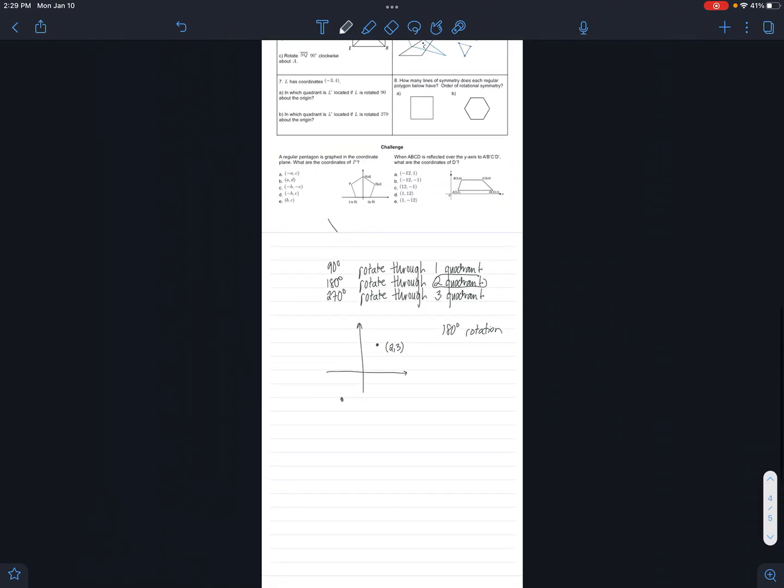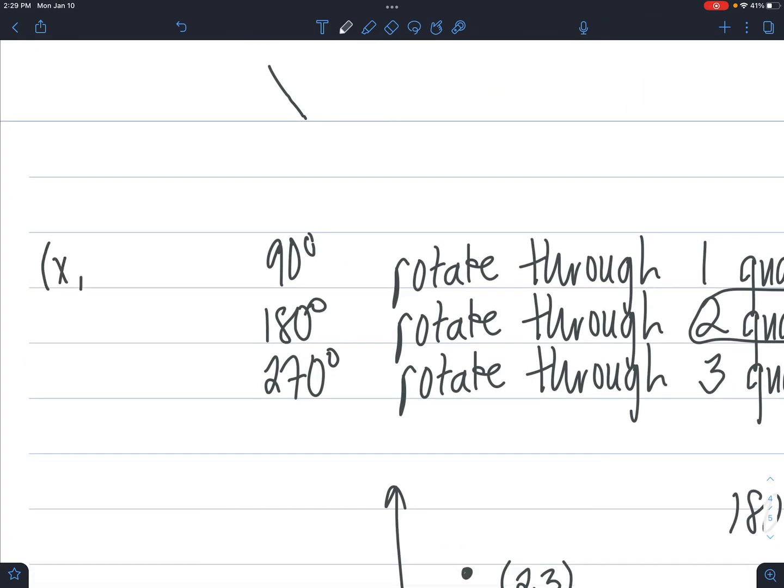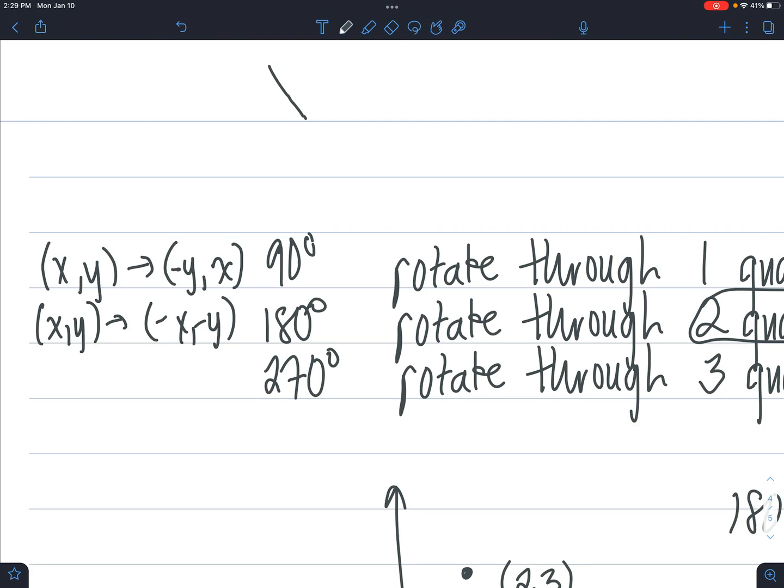Let me show you. I want to keep this brief, I don't want to go on too much of a tangent, but these coordinate rules are a helpful way to remember them.